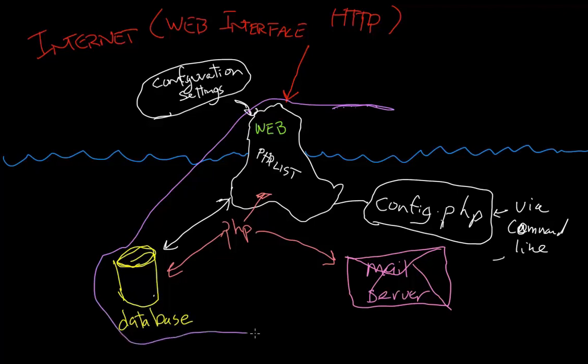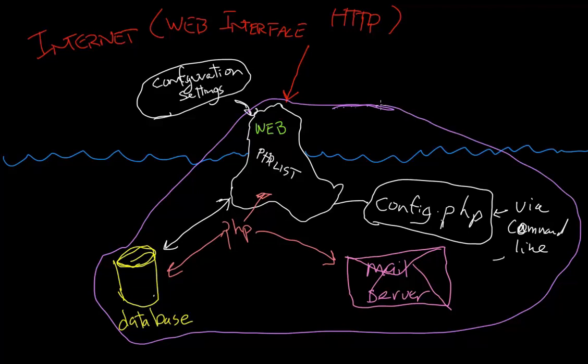If you have a hosted server or you have a standard installation of phpList, this is your server. This is actually the piece of hardware or the virtual machine that phpList is installed on. So the server, the purple line here, is actually the hardware or the machine that phpList is installed on.